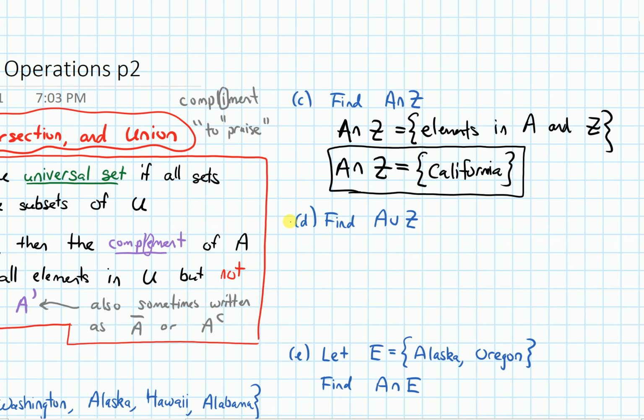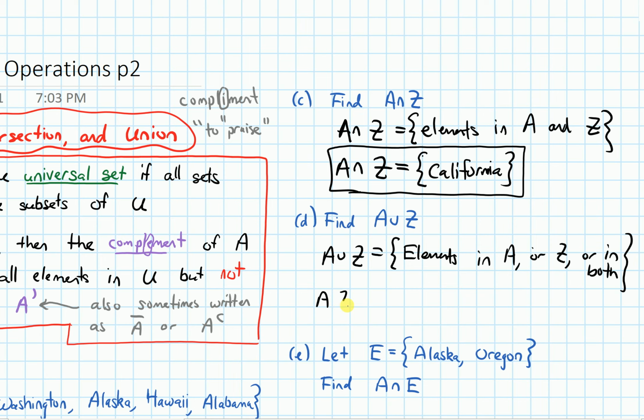Next, in part D, let's do the union. So recall that the union, A union Z, would be the set that has the elements that are in A or Z or in both. Okay, so what are the elements that are either in A or in Z or in both of them?